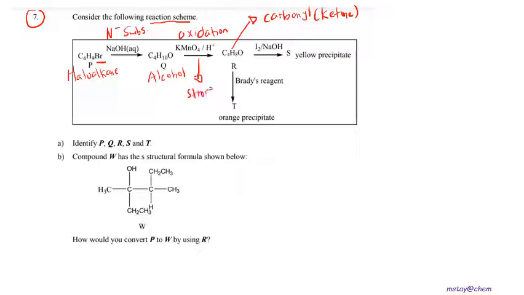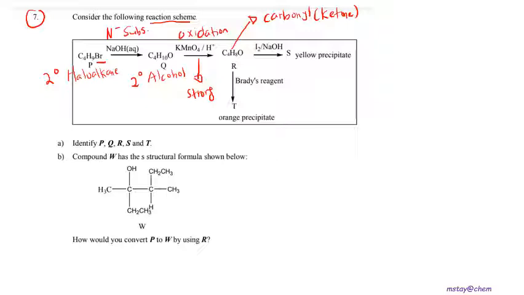If this alcohol is a primary alcohol, reacting with a strong oxidizing agent, it will produce carboxylic acid. Therefore, from here we know that Q is a secondary alcohol. If Q is a secondary alcohol, the haloalkane definitely will also be a secondary haloalkane, because a secondary alcohol reacting with a strong oxidizing agent will produce a ketone.